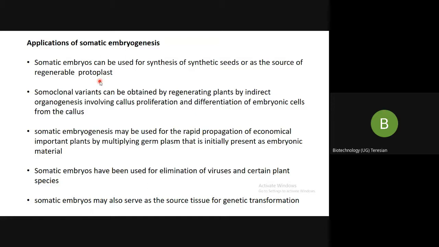Where do you do this? You do this in a field which is attached to your plant tissue culture laboratory. You cannot just take the plant from the glassware and give it to the farmers or any other producers.